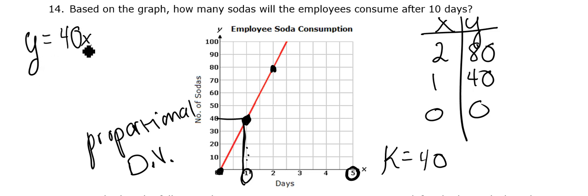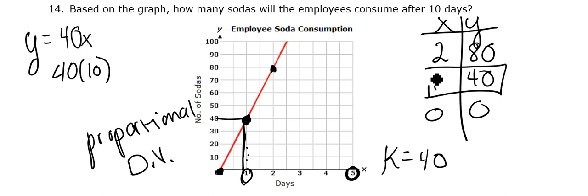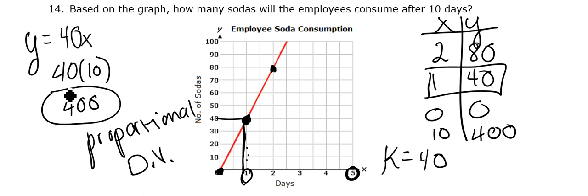So at 10 days, if k is my unit rate, I can just do 40 times 10. Because if it's 40 for 1, for 10, it would be 400. So 40 times 10 is 400. So it would be 400 sodas in 10 days.